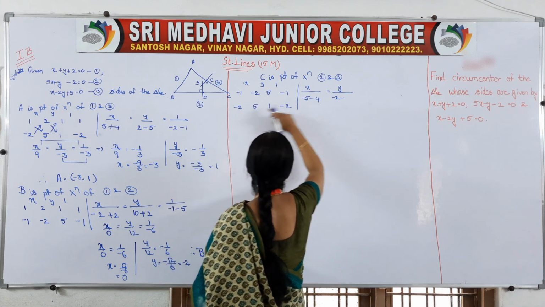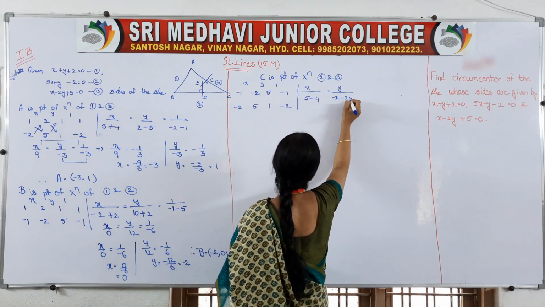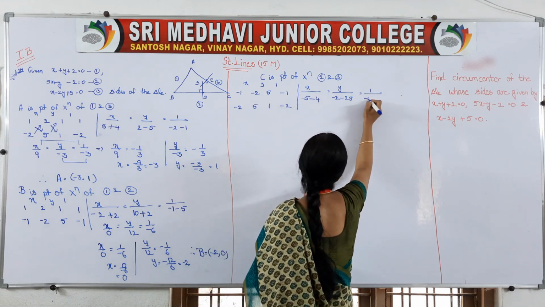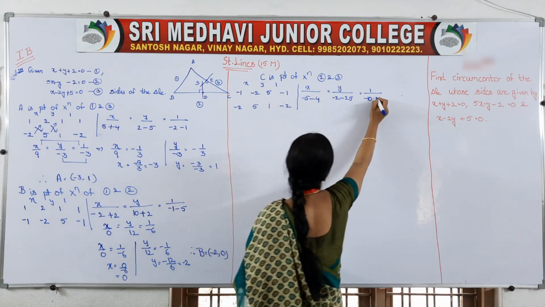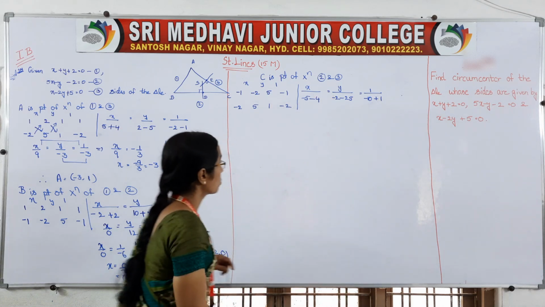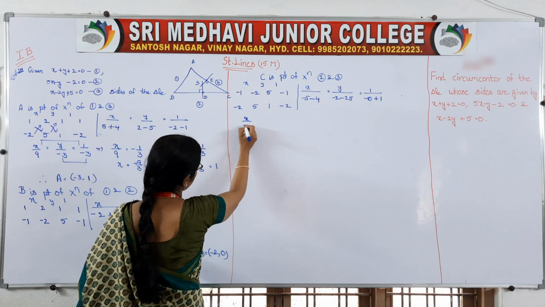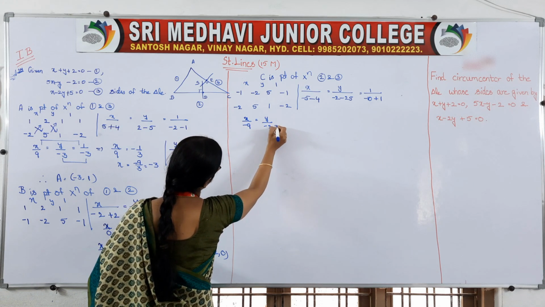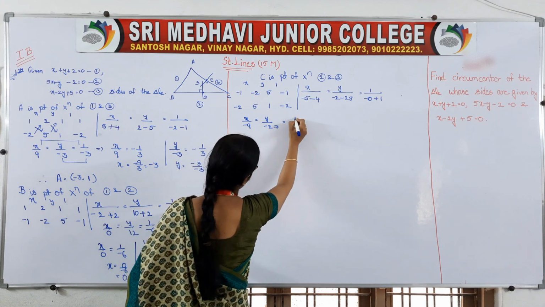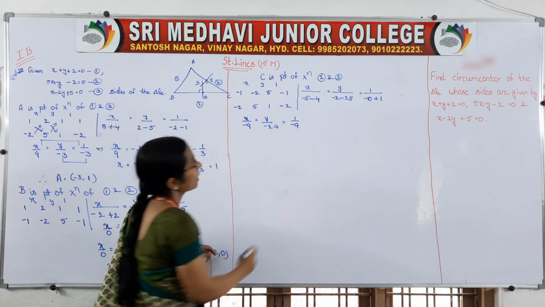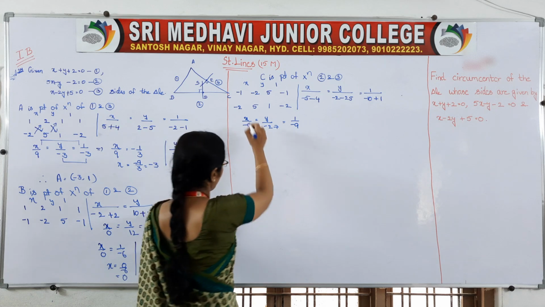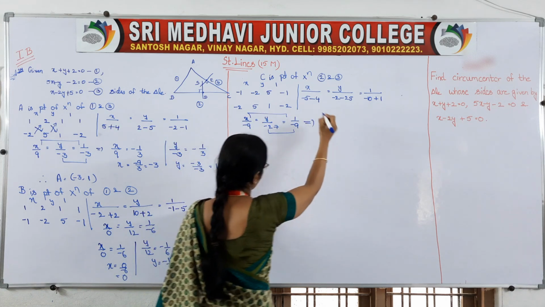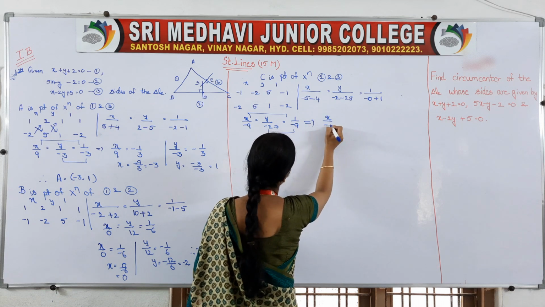Minus 5 into 5 is 25, is equal to 1 by minus 10 and minus of minus plus 1. So it is x by minus 9 is equal to y by minus 27 is equal to 1 by minus 9. Once you take these two, you will get your x and y values.